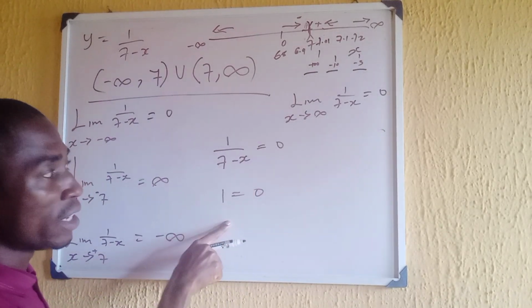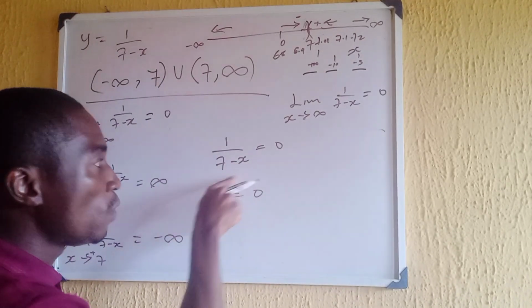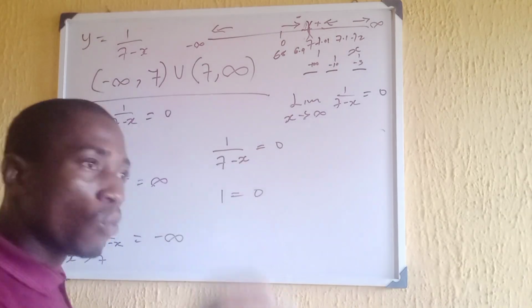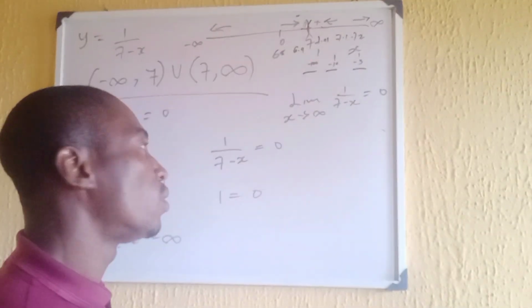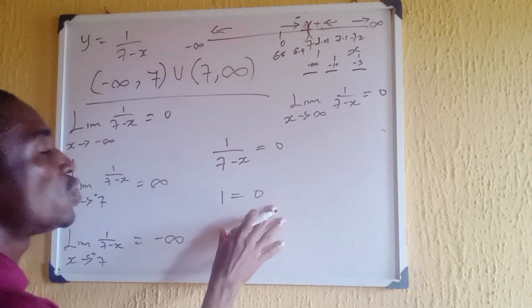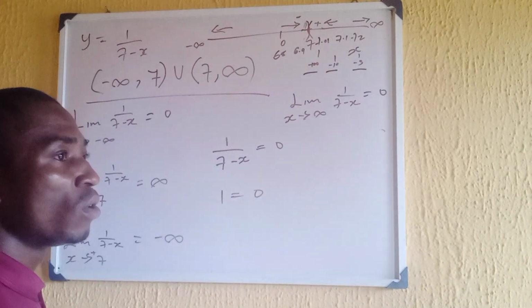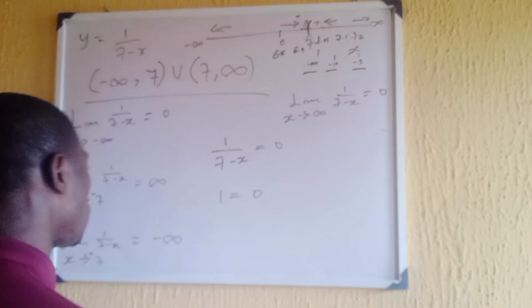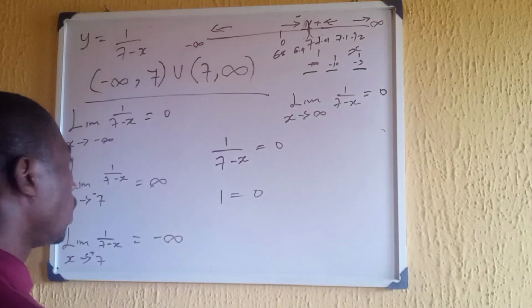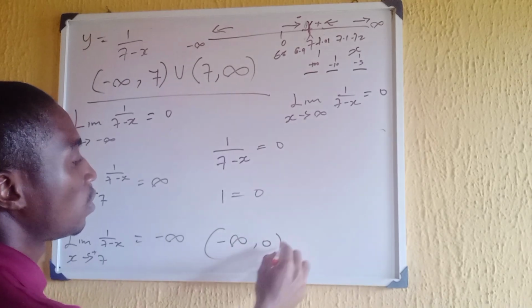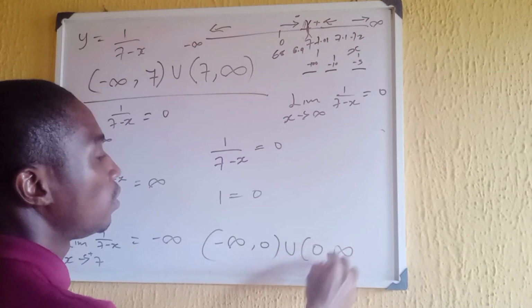And we are realizing that there's no value for x when y is 0, which means that y cannot be 0. So in that case, 0 is just at the boundary. So y cannot be 0, but y can be very close to 0. So what do we have? We'll be having negative infinity, comma 0, union 0, comma infinity.